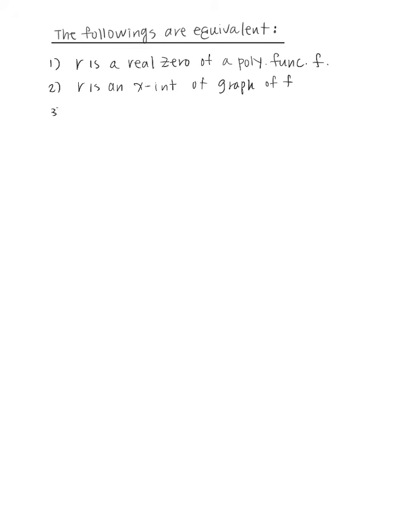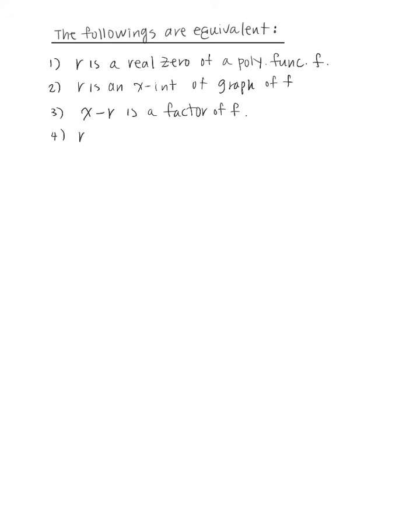And also we just talked about x minus r must be a factor of f. And the fourth one is this. R is nothing but the solution of the equation f of x equals to 0, right?